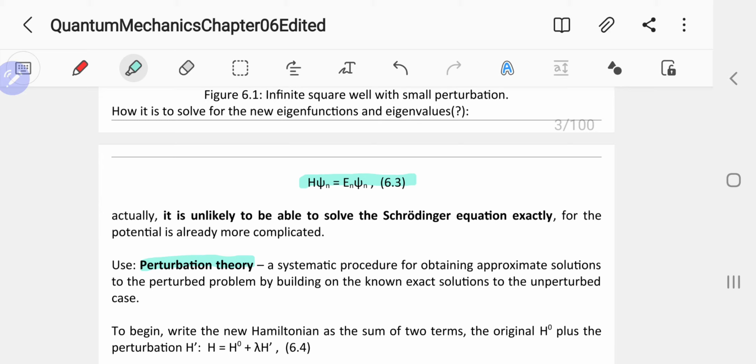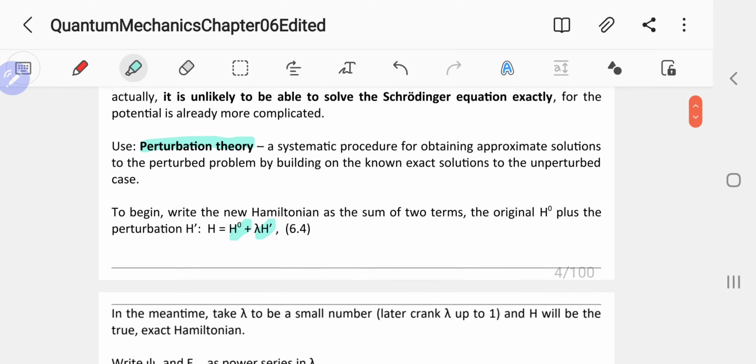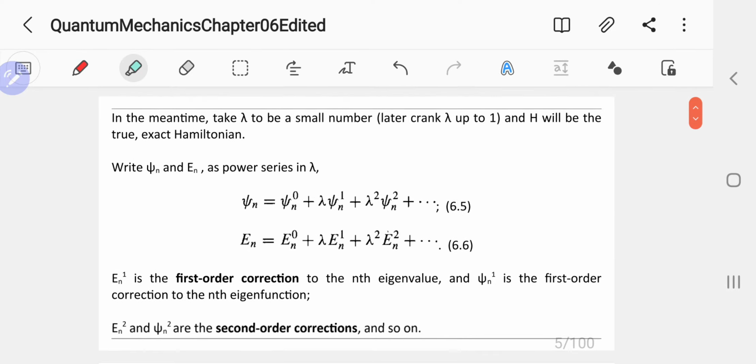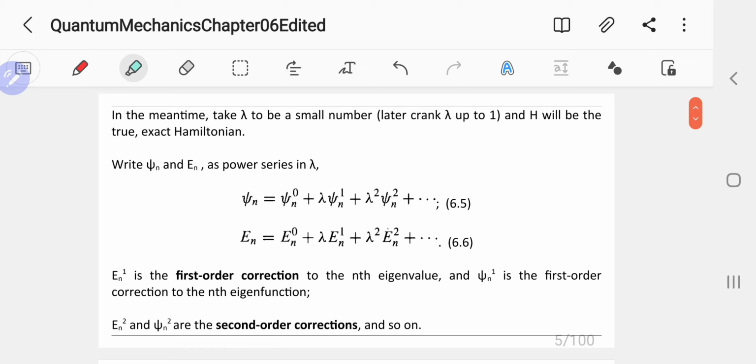So we begin with writing the Hamiltonian as the sum of two terms here, the original and the perturbation, where the lambda here is just a constant. It's just the intensity of the perturbation. So we can take lambda to be a very small number. That means we're just perturbing the original potential very slightly, or very minutely.